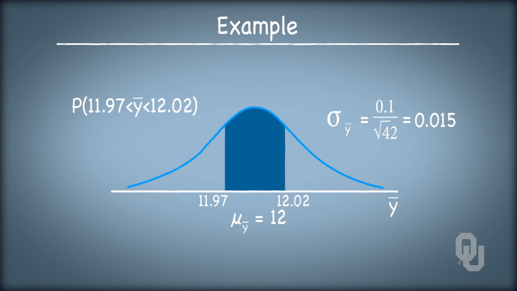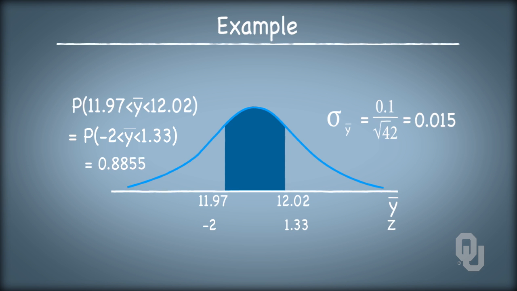11.97 on the y-bar axis equates to -2 on the z-axis. That is, 11.97 is 2 standard deviations below the mean of 12 centimeters. Likewise, the value 12.02 on the y-bar axis is 1.33 on the z-axis. And now we can use the z-table to find this probability. The probability that z is between -2 and 1.33 is 0.8855.